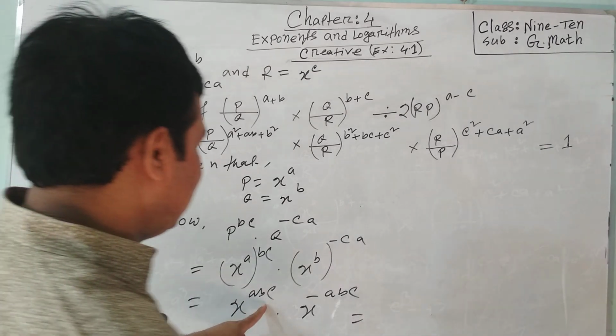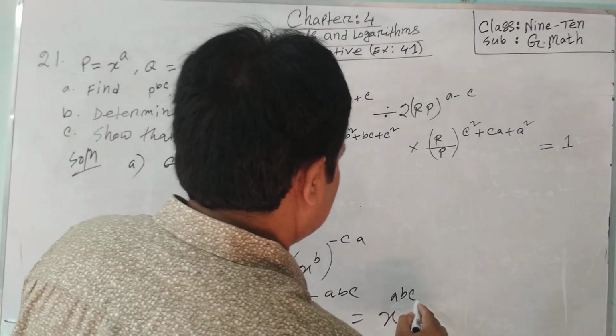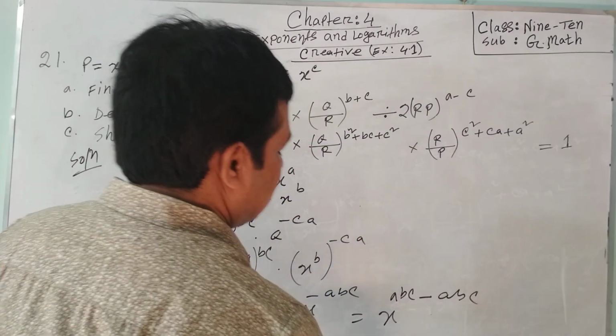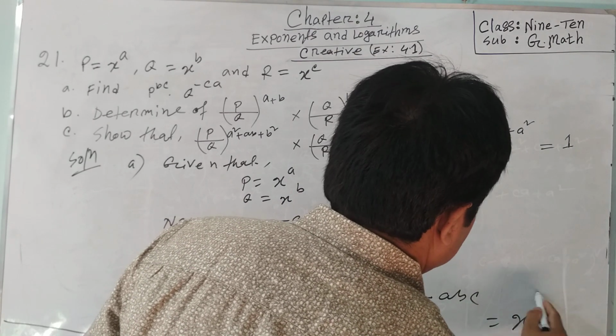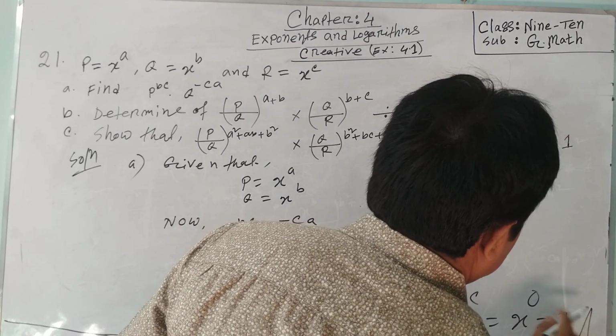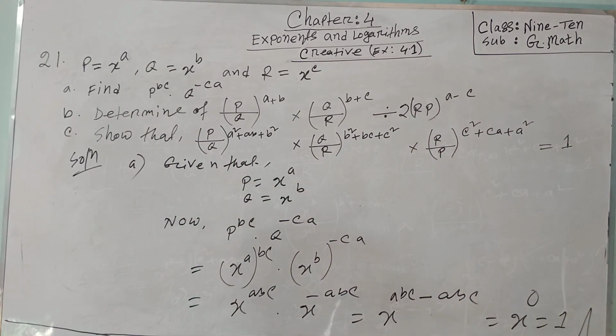So x to the power abc plus minus abc, which is x to the power 0, equals 1. These are the required results. Write down very quick.